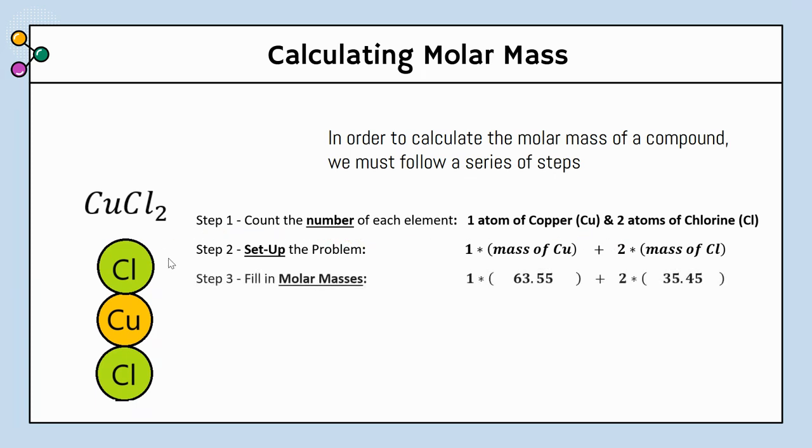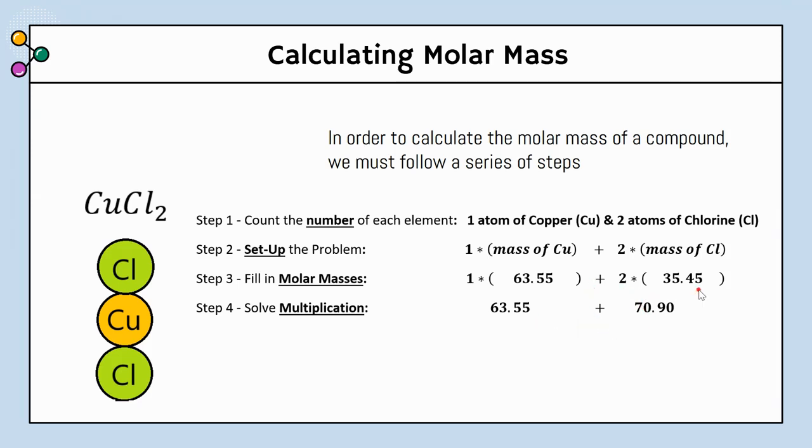Next, we'll use our periodic table to fill in those molar masses. Copper, or Cu, weighs 63.55. Chlorine weighs 35.45. I just plugged them in for their masses. Next, we will solve our multiplication. 1 times 63.55 is 63.55. The plus just comes down.